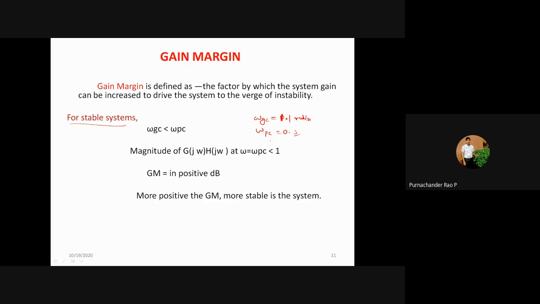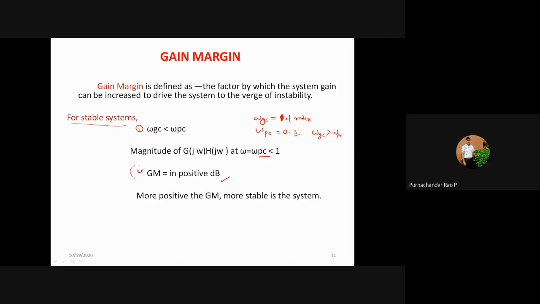Okay, and here the magnitude will be less than 1, and the gain margin should be positive. So always ωgc should be less than ωpc, but here in our problem, we obtained that ωgc is greater than ωpc, therefore our system is unstable from the first case.